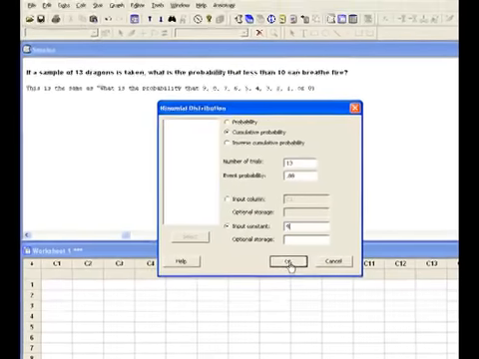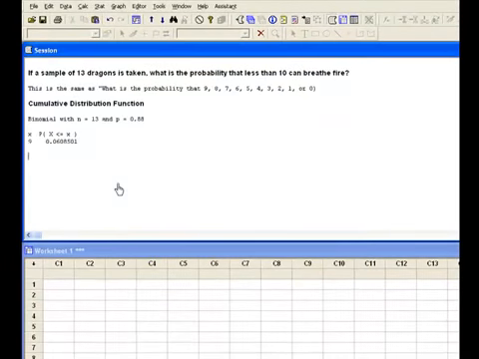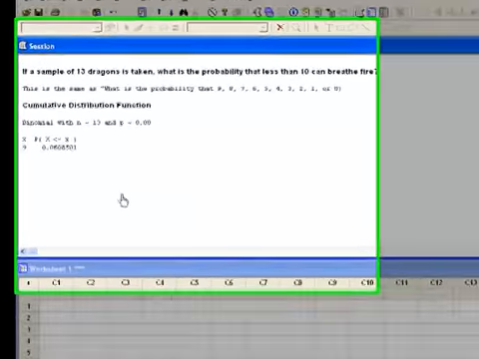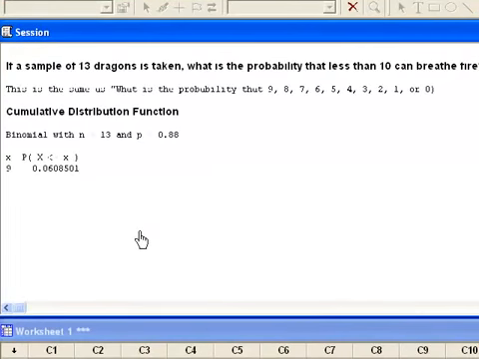So I'm going to put in 9, hit OK, and it's going to tell me that the probability that x is less than or equal to 9, which are all those numbers listed up there, is 0.0608501. So I don't have much of a chance that less than 10 of them breathe fire.